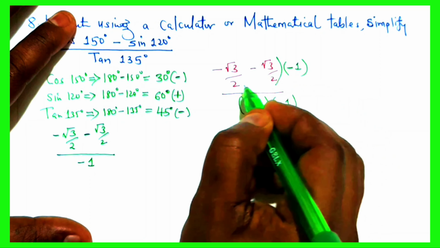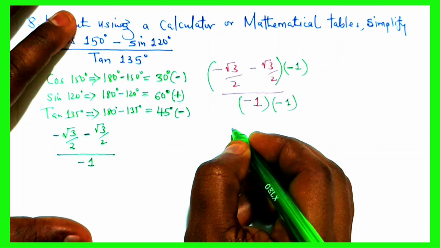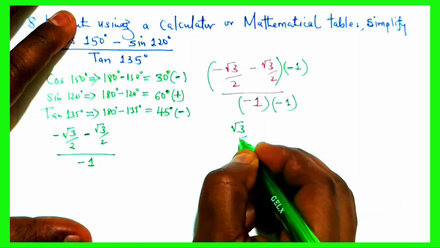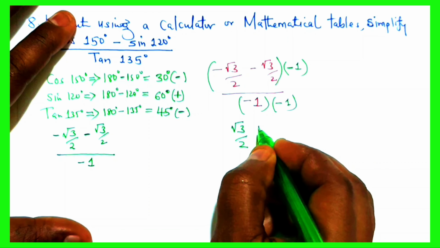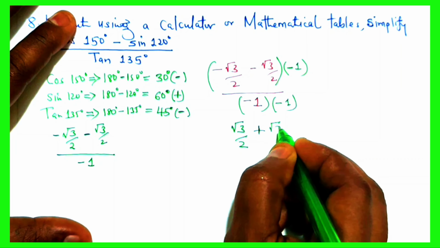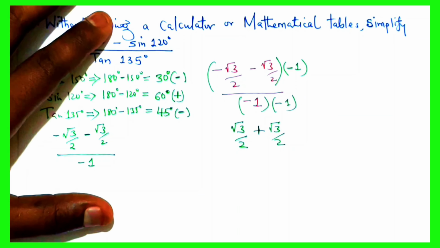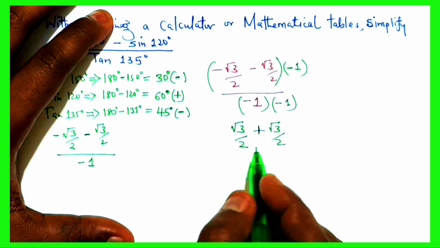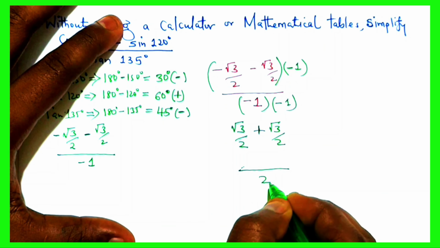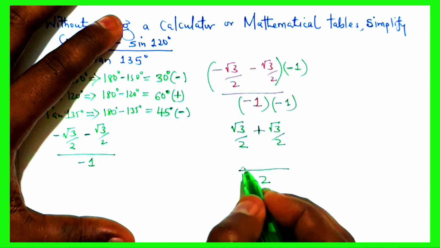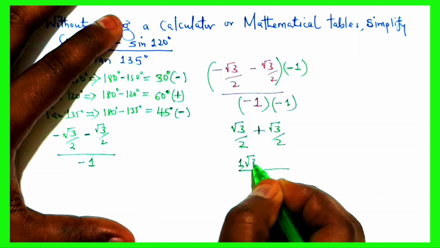So in other words, I'm multiplying here by negative. It makes this term here positive. So I end up having root 3 over 2, and then negative times negative is also positive here, plus root 3 over 2. Now, since the denominator is common here, I can decide to have it that way, and therefore here I'm going to have 1 root 3.